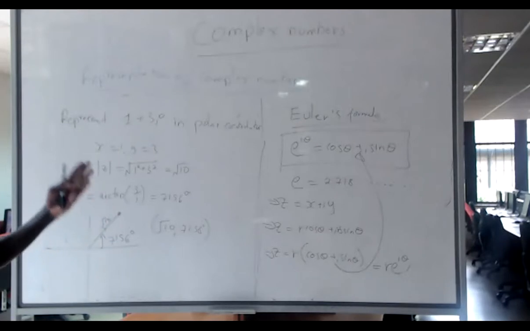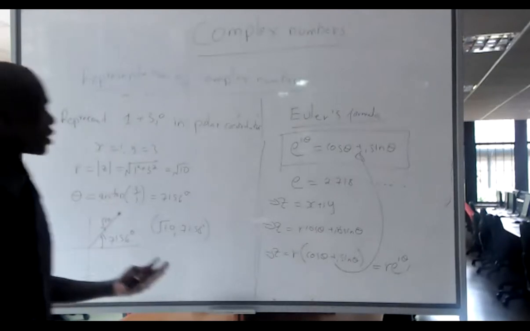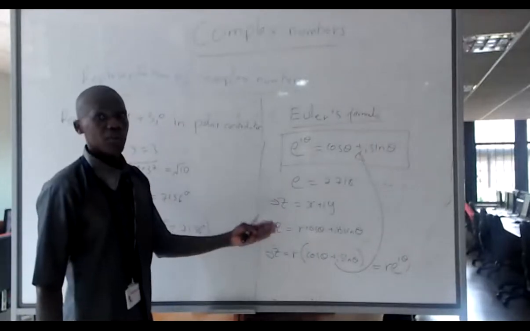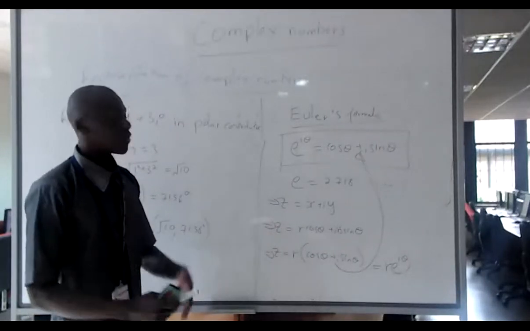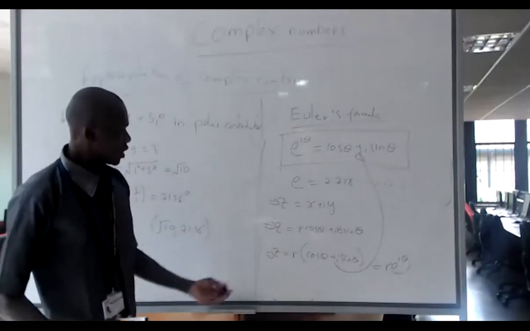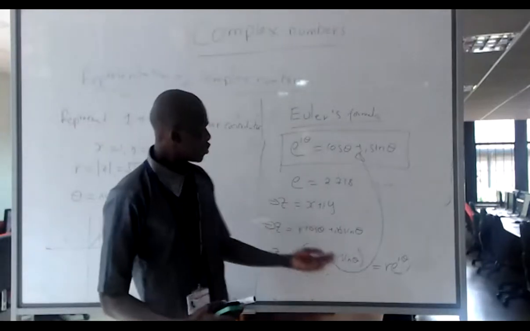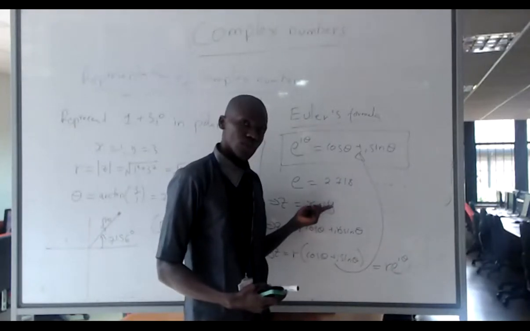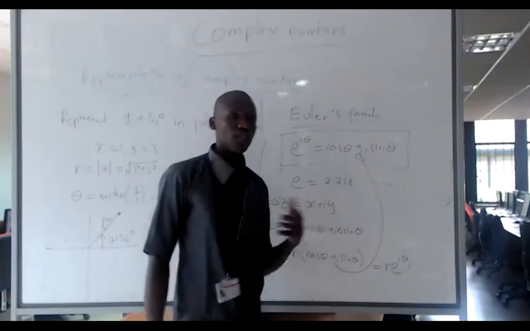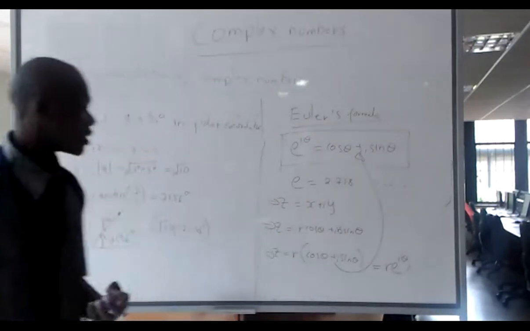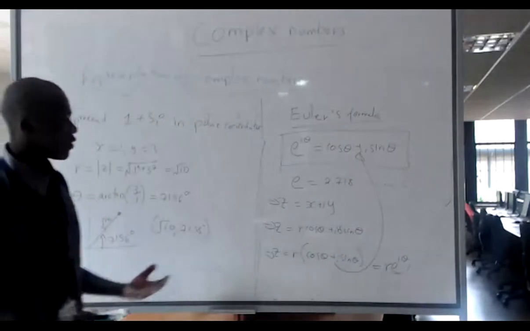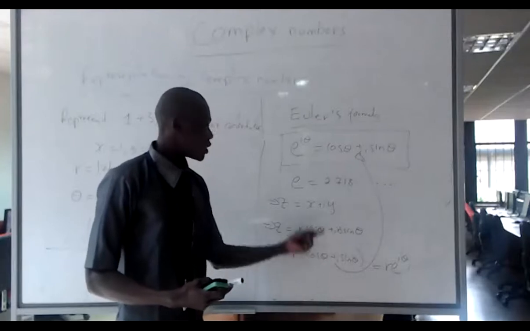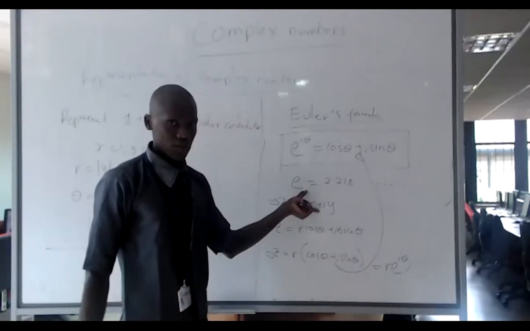And as we shall see in finding powers and roots, some forms will be preferable to use. For example, when finding powers or roots, it's easier to use the exponential form or the polar form as opposed to the rectangular form.